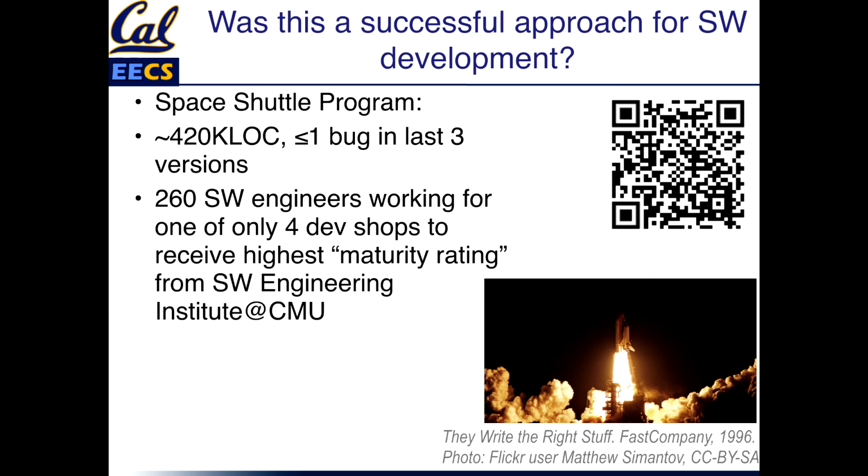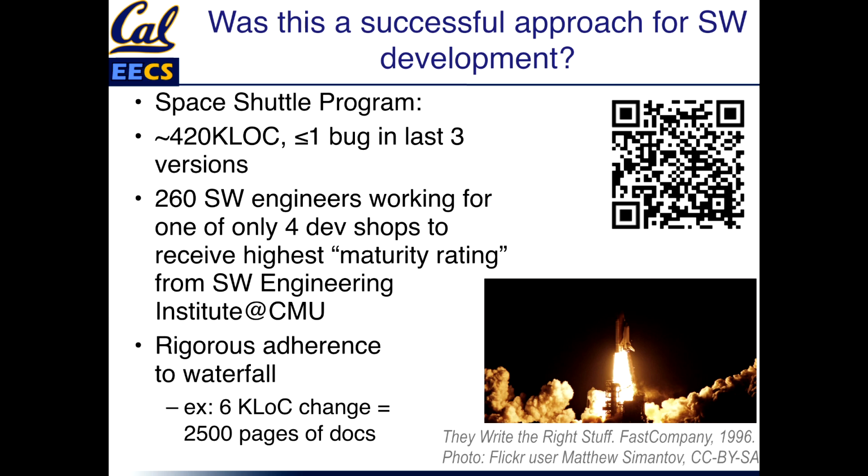They are appropriate in many cases, and when we're looking at the success, the Software Engineering Institute at CMU rated it as the highest maturity for a software project, which again is measuring quality by one measure. And then adding GPS to the shuttle program.